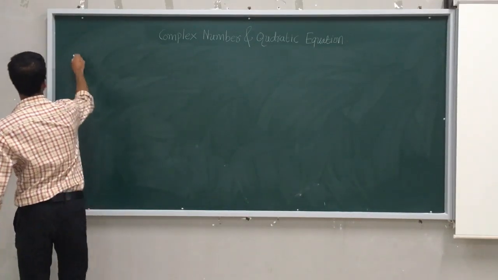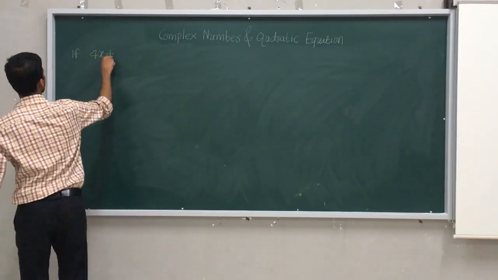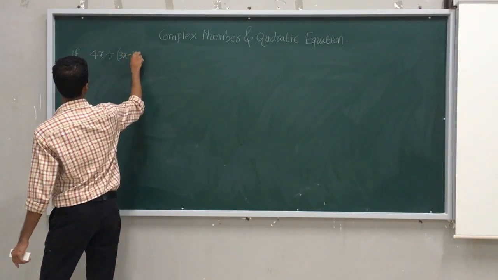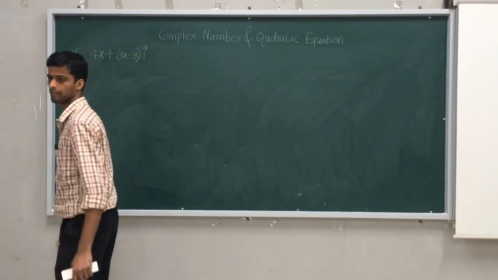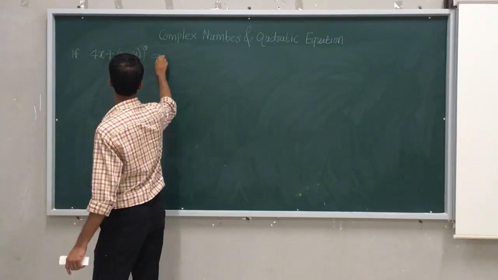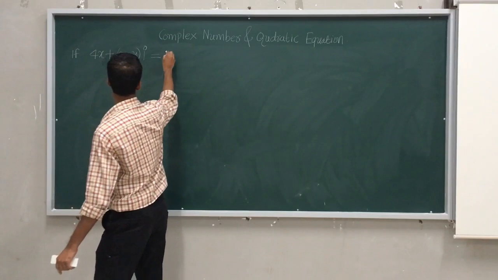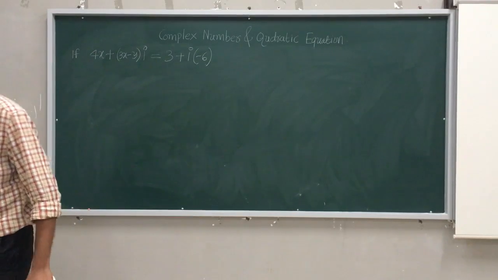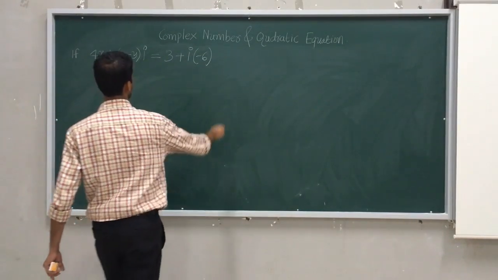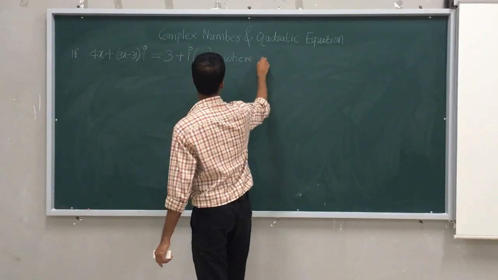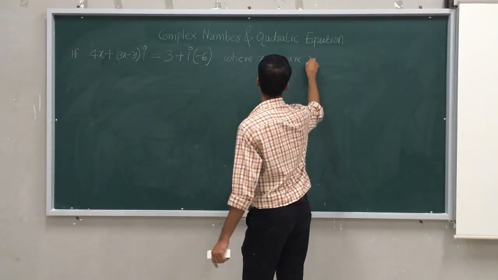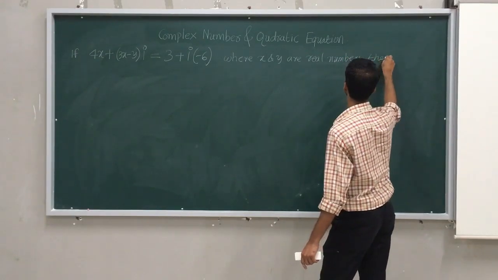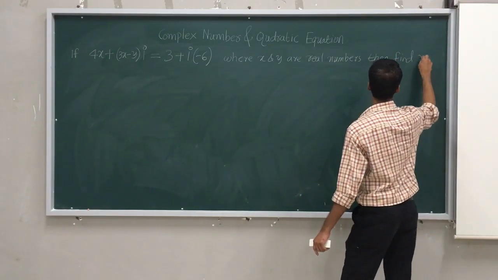If 4x plus (3x minus 1) times i equal to 3 plus i times of minus 6, where x and y are real numbers, then find x and y.